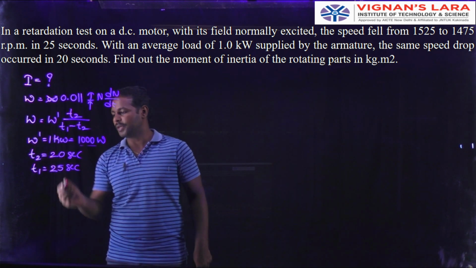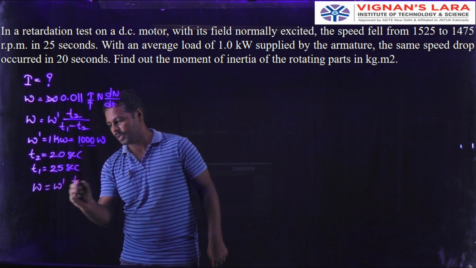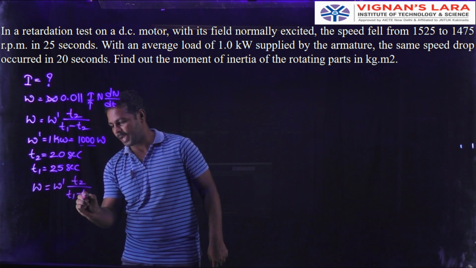Then W is equal to W dash into T2 divided by T1 minus T2.